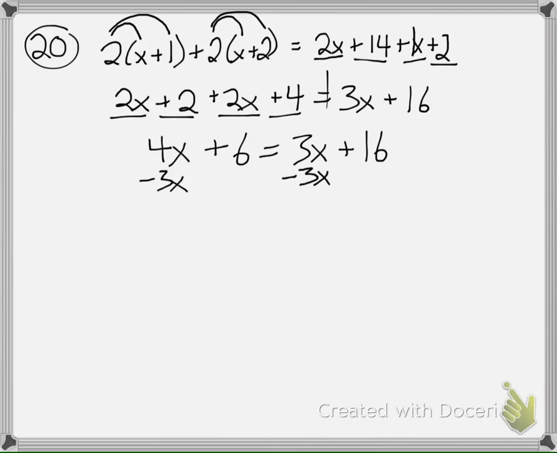I had a lot of people on the one-step equations on the first test writing like 1x plus, and then they would divide by 1 as the final. Okay, you don't need to do that. 1x is the same thing as x. You can just leave that 1 off. It's not necessary. All right, so x plus 6 equals 16. And then my last step is subtract 6, and I get x equals 10.